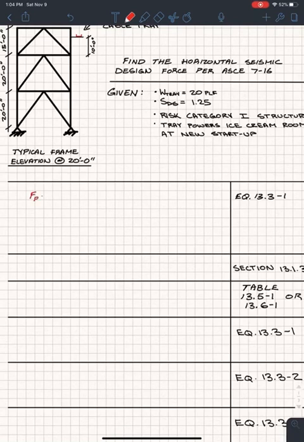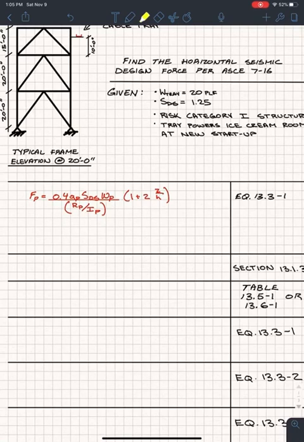F sub P is equal to 0.4 times A sub P, the component amplification factor, times your spectral response design acceleration, SDS, times your seismic weight for the component, W sub P, all divided by R sub P over I sub P, where R sub P is the response modification factor for the component and I sub P is the importance factor for the component, and you're multiplying that by 1 plus 2 times Z over H, where Z is the height or elevation at which this component gets attached, and H is the height of the structure it gets attached to.